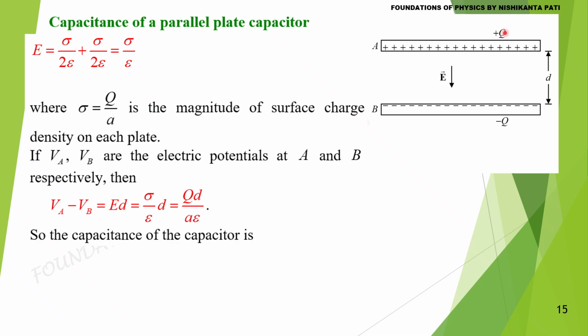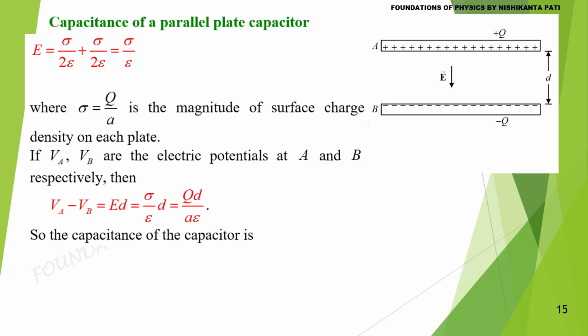So upper plate charge is Q, lower plate charge is minus Q. The electric field between the two plates is E vector, perpendicular to both the plates and directed from the positive plate to the negative plate. If D is very small compared to the lateral dimensions, meaning length and breadth of each plate, then the electric field between the two plates is uniform, if we ignore the fringing effect.